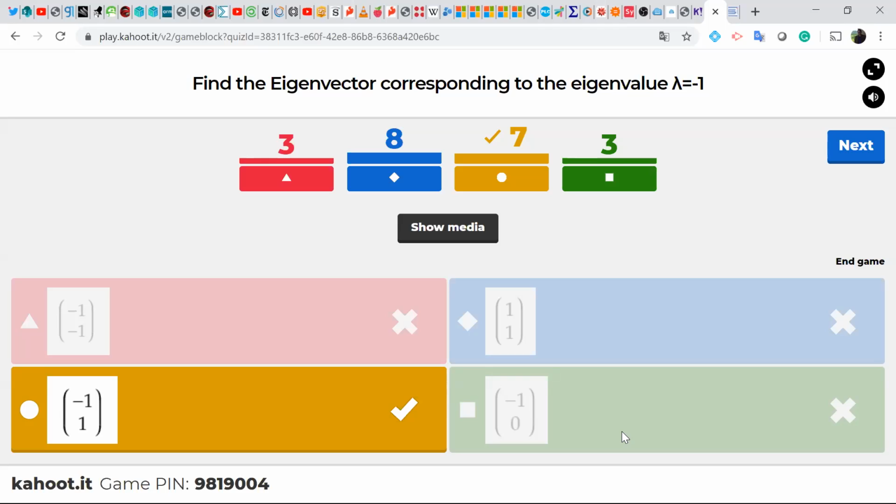So that's how you determine which one is the right answer in this case, because whatever you have will be a multiple of one of these vectors. Is that clear? Yes, teacher. Thank you.